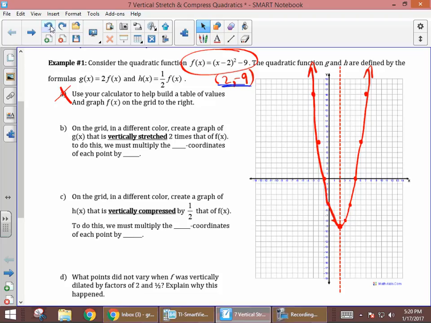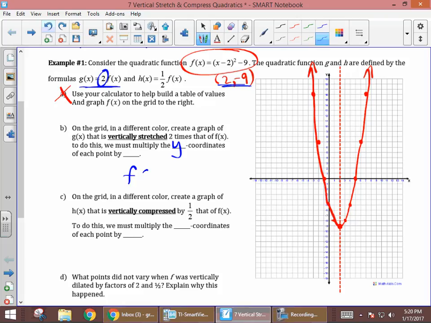All right. So now we're going to do part B, which says on the grid in a different color, create a graph g of x that is vertically stretched by a factor of 2. So 2 times the original. We must multiply all of the y coordinates. Take notice that this 2 is outside of f of x. It is not inside.